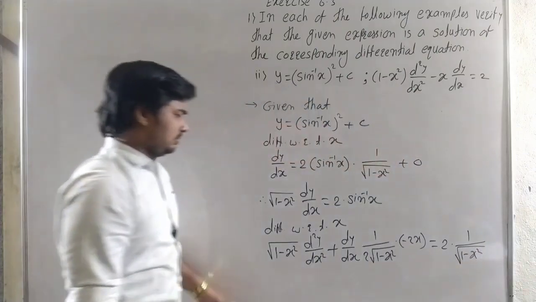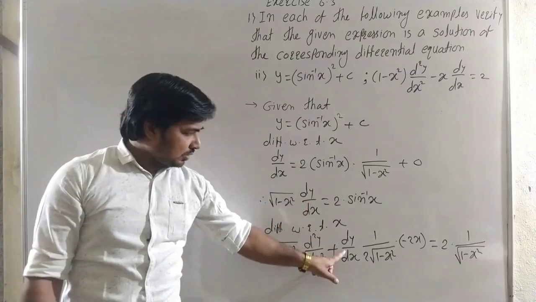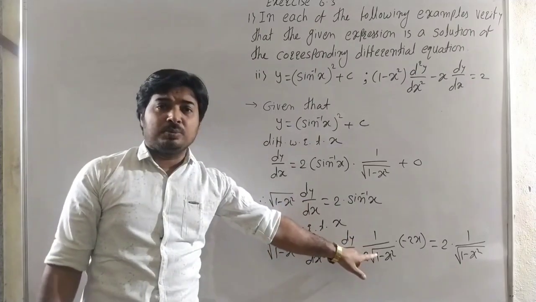Okay, see carefully this. First as it is, derivative of second, then second as it is, derivative of the first.